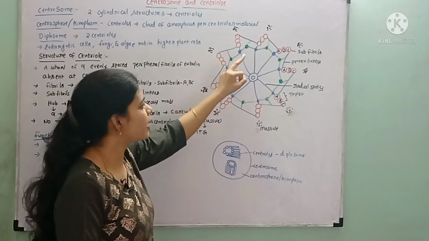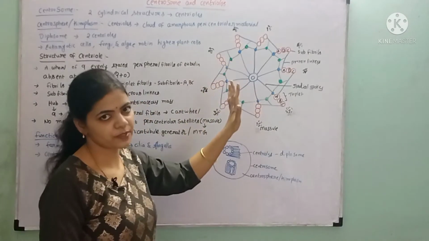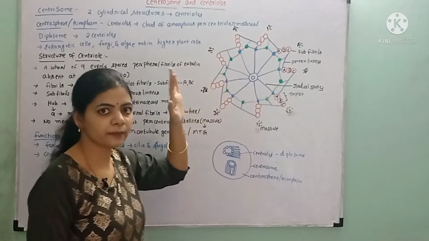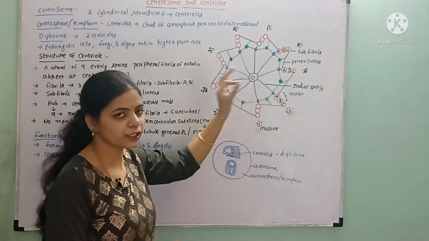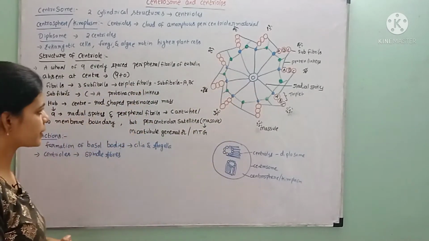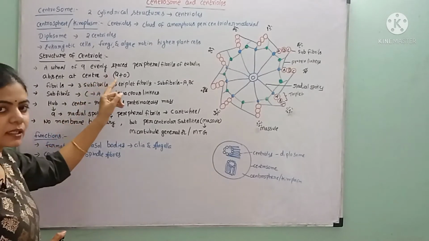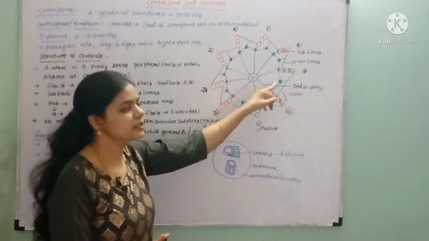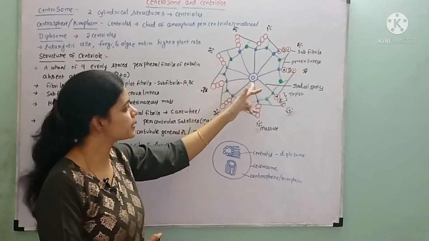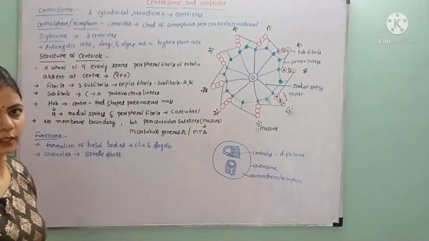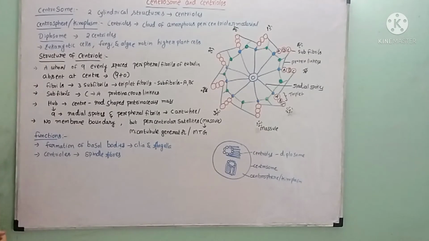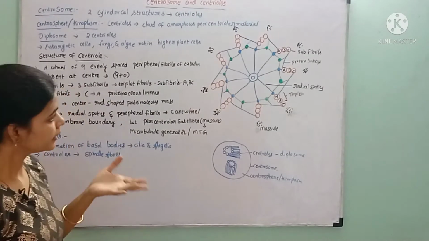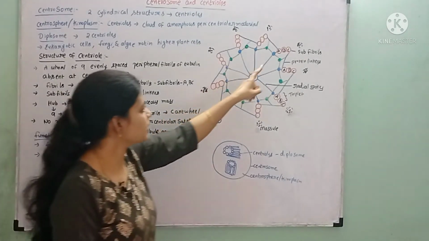And at the center the fibrils are absent, they are only present at the peripheral region, arranged in the number 9, and at the center there are no fibrils, hence it exhibits a 9 plus 0 arrangement. And then these peripheral fibrils again contain 3 subfibrils.